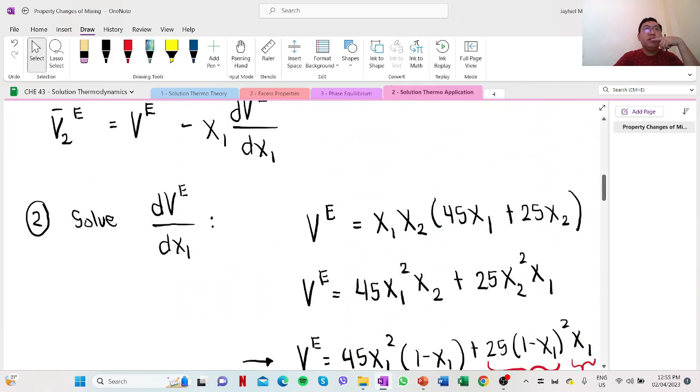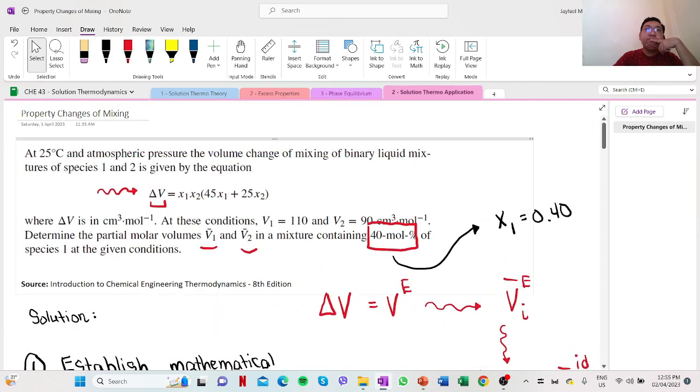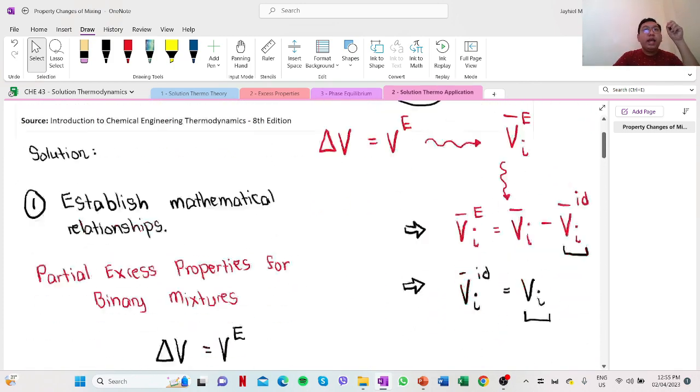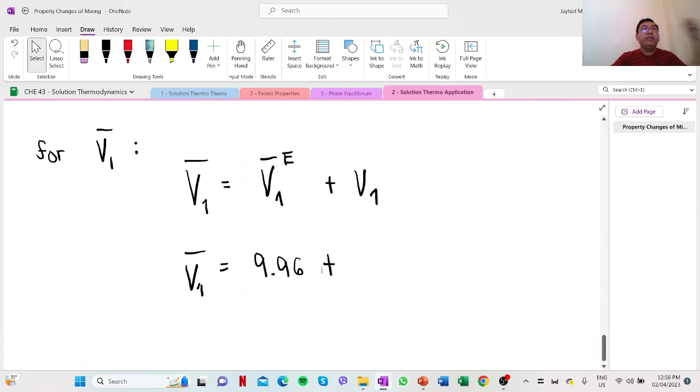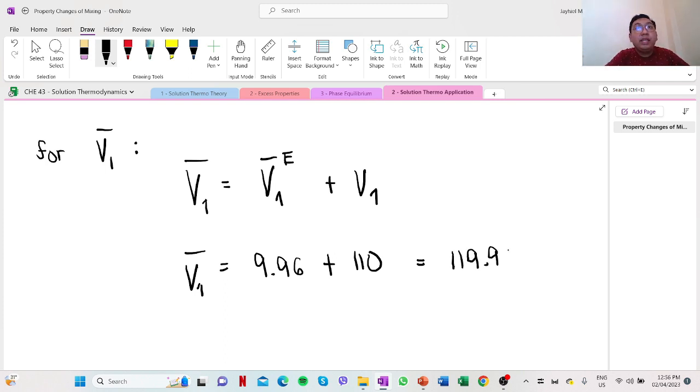It's actually given in the word problem, 110 and 90. I hope I can remember the 90. 110. So my answer will be 119.96 cm cubed per mole. All right.